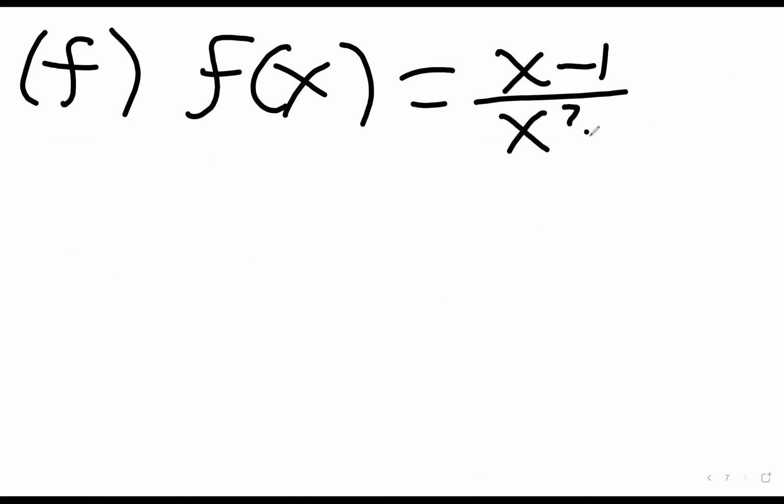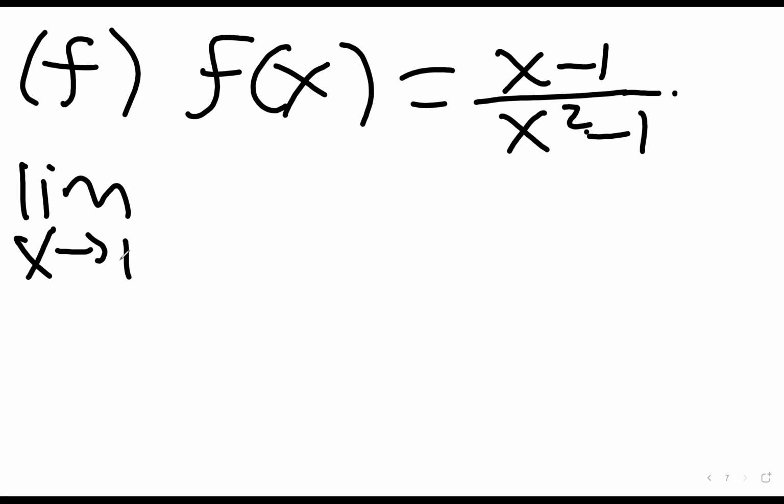To check the vertical asymptote, we need to check whether the limit as x tends to 1 of f of x is infinity or minus infinity, or consider the left-hand or right-hand limit of f at 1. So let us calculate the limit as x tends to 1 of f of x.